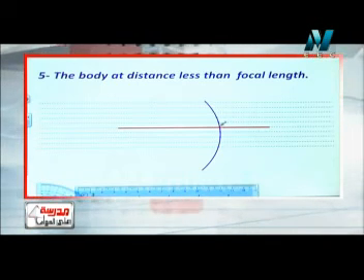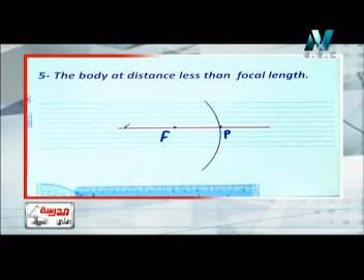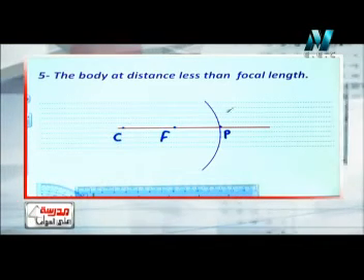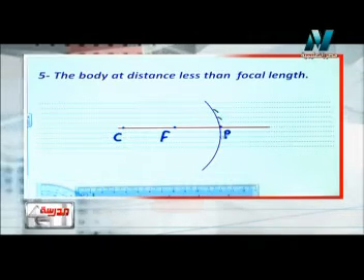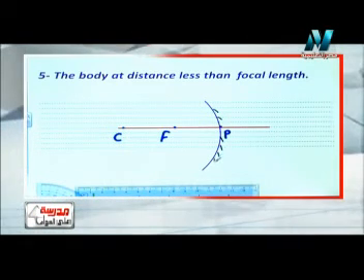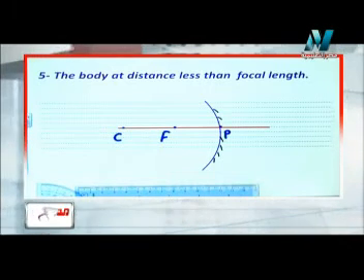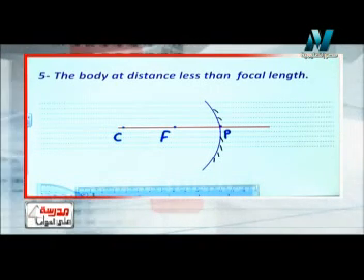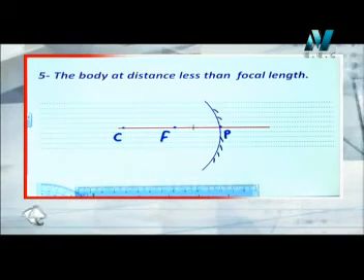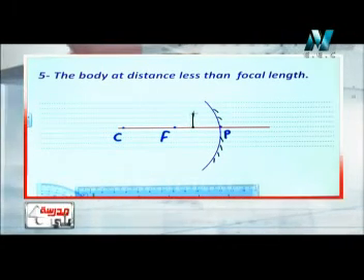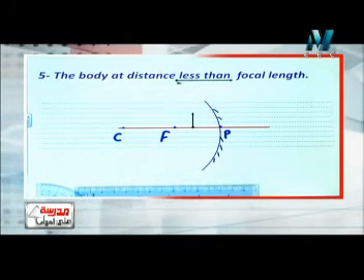And then we determine P, F, and C. In this case, the object is at distance less than focal length, يعني between P and F. Okay, we put the object, then we can use rule number 1. يعني الأوبجكت هنا between F and P لأنه قال لي less than focal length.